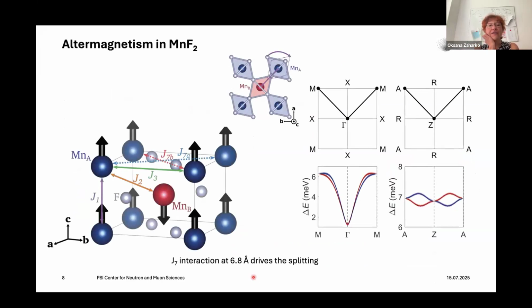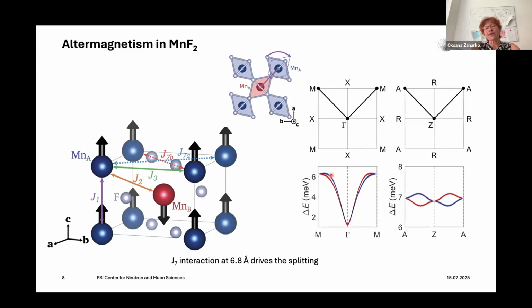You should consider other couplings, further couplings, so these diagonals. If you would count them according to the distances, this will be actually a 7th coupling, which is not very close. And you would need to look into specific directions of the reciprocal space, which will be related to these 2 directions in the direct space, to be sensitive to them, because in the majority of other directions, actually, you would not have splitting between the spin waves, right?